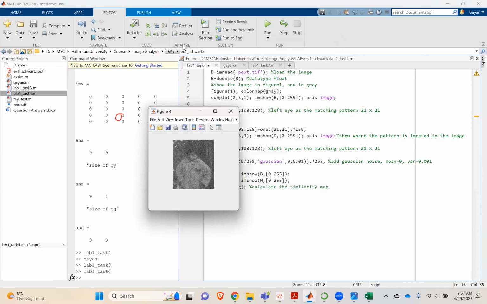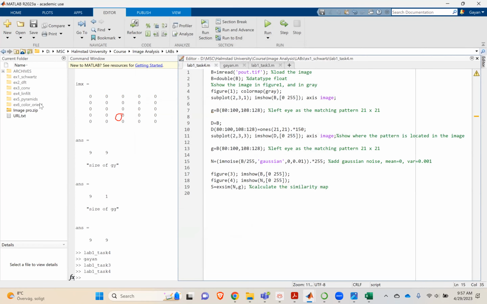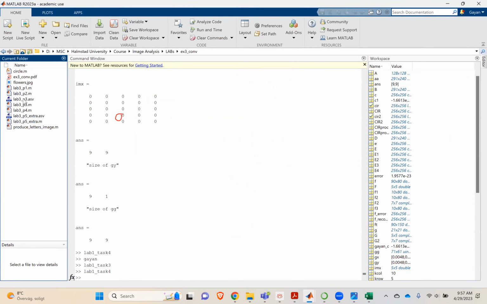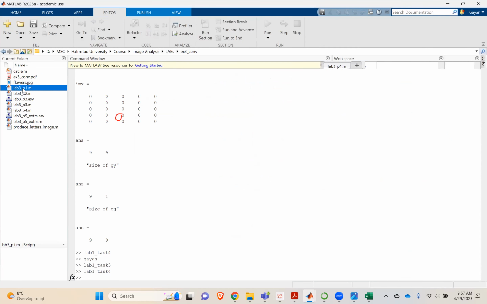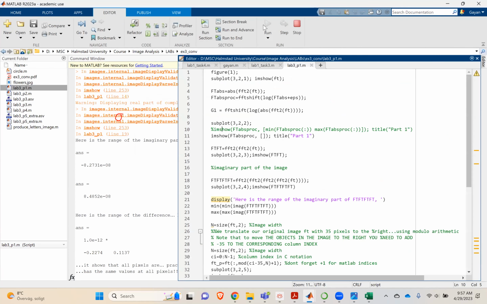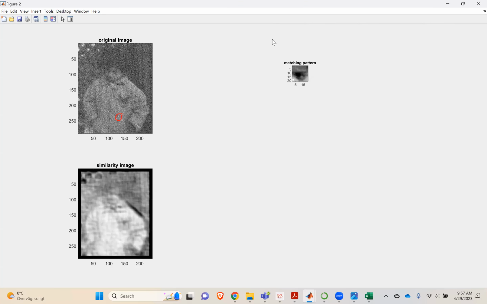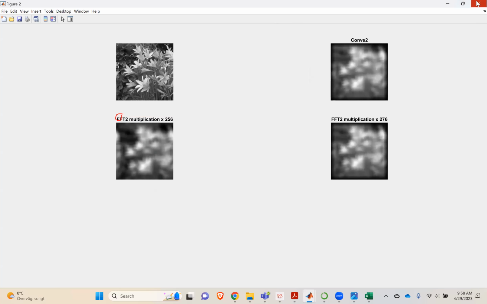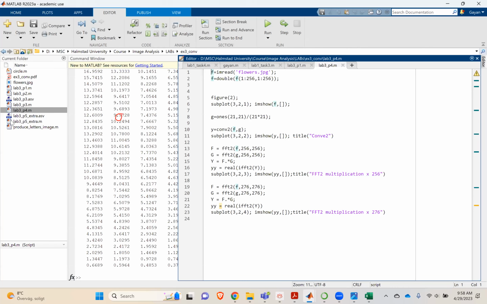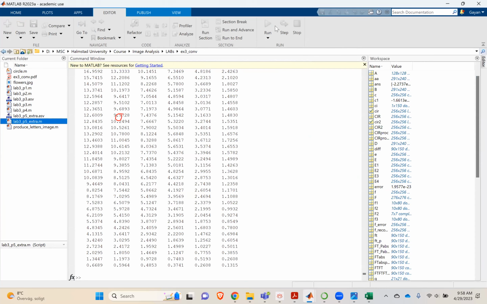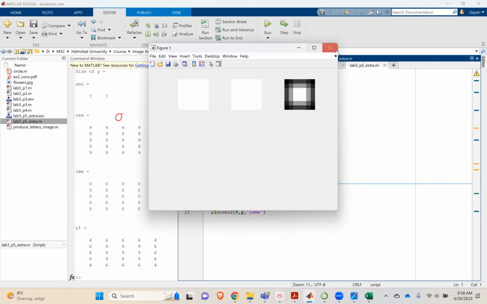Kiran, you remember which lab is it? Is it lab 4 or lab 3? Something like lab 3. Let's see. Yeah, I think this one. We introduce noise also.